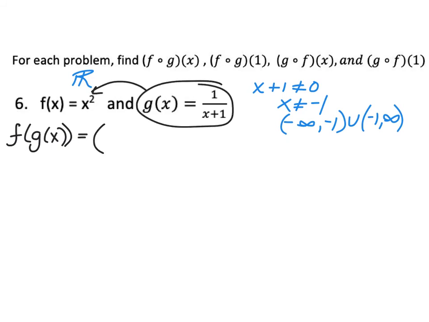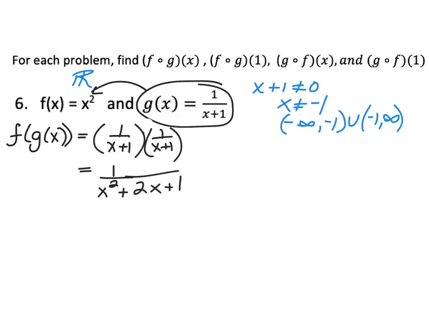So I'm going to have 1 over x plus 1 squared, which to algebraically clean this up really means that I have it there twice. So if I just write it side by side, this will be a little bit easier to see. So in the numerator, 1 squared is 1, and x plus 1 times x plus 1 gives me x squared plus, I get a trinomial, 1x plus 1x would be 2x plus 1.